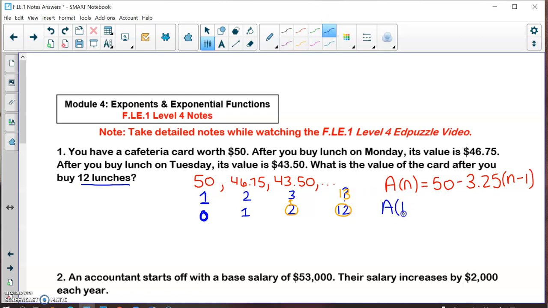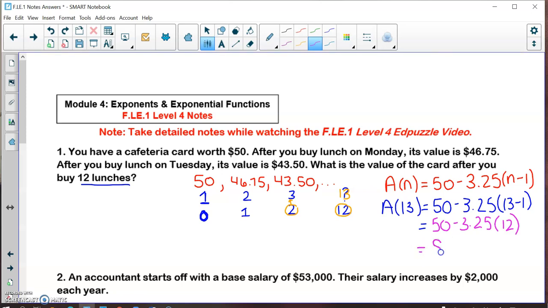We want to find the 13th term, which would be when we purchase 12 lunches. Remember, A of 13 is just telling us that we're finding the 13th term here. So I'm going to have 50 minus 3.25 times 12, which I can just type in my calculator. 50 minus 3.25 times 12, and I would get $11.